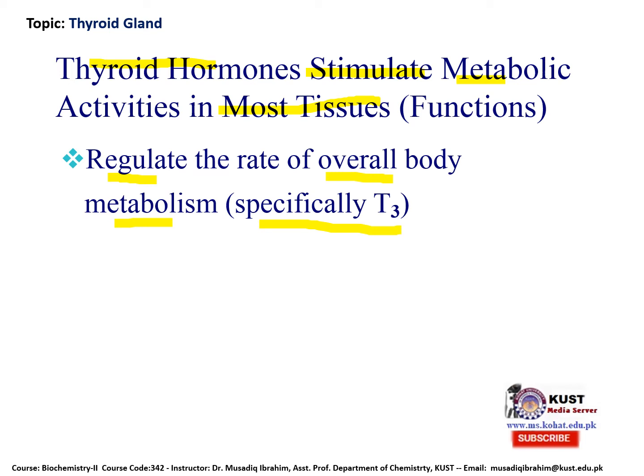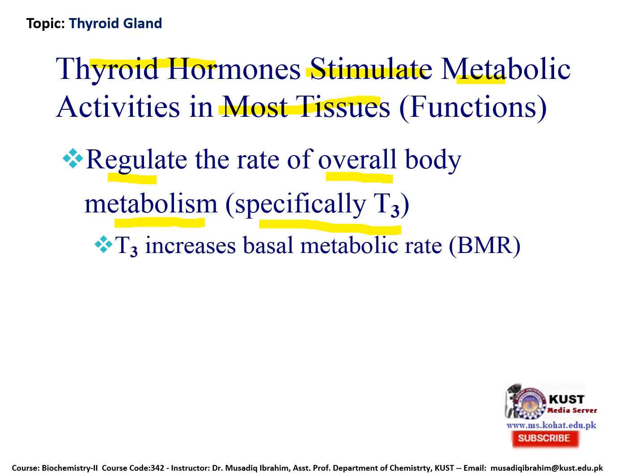Whenever there is a need of increased catabolism, that is the breakdown of carbohydrate, fat or protein molecules, that is stimulated by the thyroid hormones. Or if there is a need of the biosynthesis of carbohydrate, protein or fat molecules, then that anabolic activity is also stimulated by the thyroid hormones.